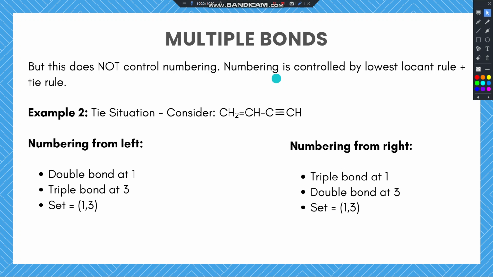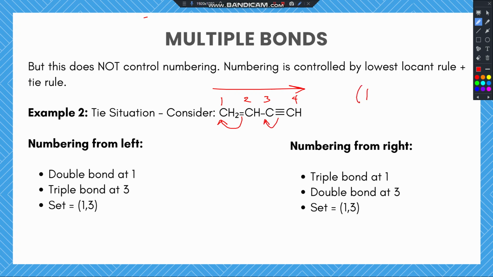Right about now, we have an example on the screen that shows a tie situation. Now, what do we mean? We have this compound that shows us 4 carbon atoms present: 1, 2, 3, 4. If we number from the left to the right, the double bond is located on carbon number 1 and the triple bond is located on carbon number 3.